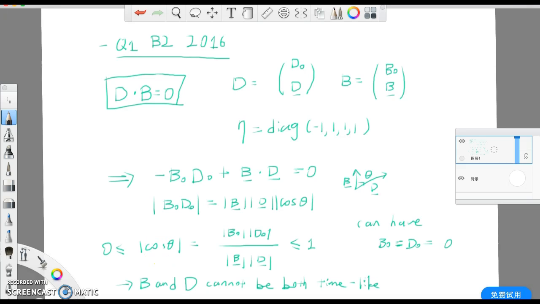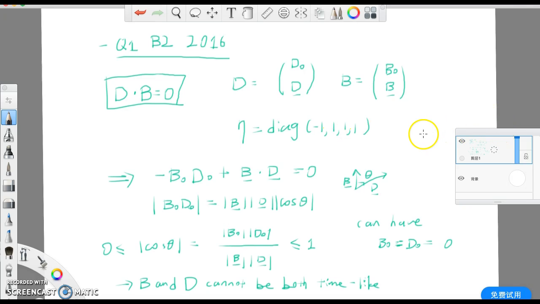The correct way is to say in the final answer that B and D cannot be both time-like, they can be both space-like. And there are a lot of other things that are much more wrong than this in the solution to this 2016 B2 paper, and I will talk about those in later videos.